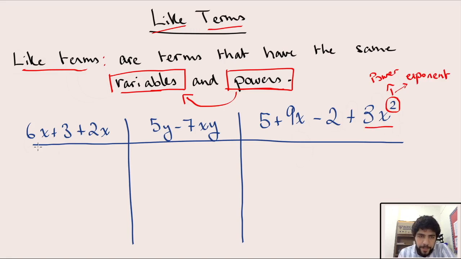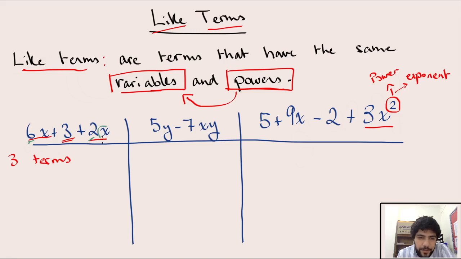But let's look here in the first example. 6x plus 3 plus 2x. Okay? We have three terms, right? And the first one is 6x. Now, are there any other terms out of these that have the same variables and powers? So 3 doesn't have an x, so 3 is an unlike term. So I'm going to put 2 lines under it. And then the 2x has an x, so x and x, that's good, even though the coefficients are different. So the 6 and the 2 are different.